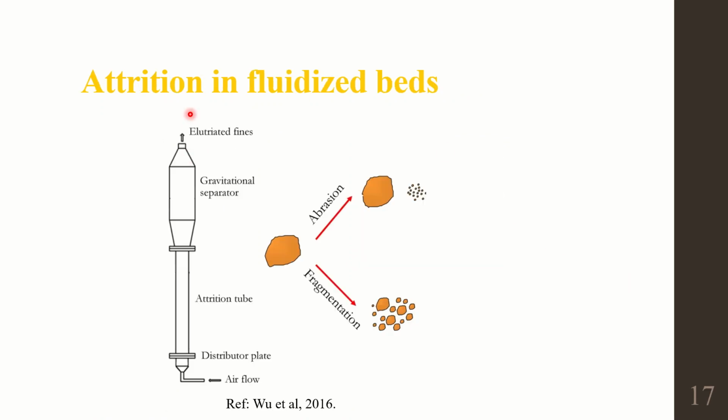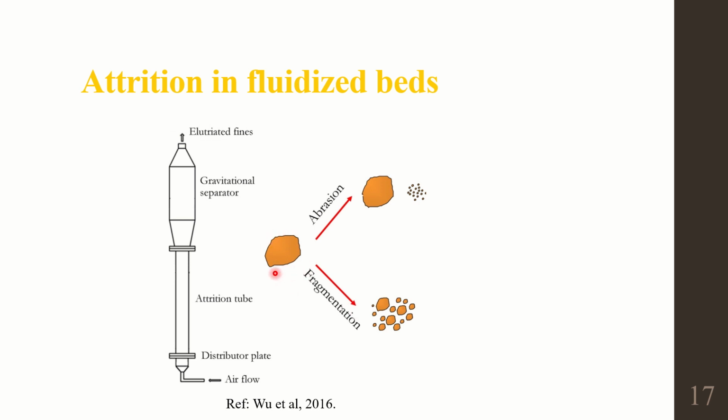Next is the attrition in fluidized beds. When particles are moving against each other, there would be a lot of friction between them. So it becomes necessary that we understand what is happening inside the bed, because if the larger particles are getting eroded, they would be reduced in size, and those finer particles would be lost during the process. Attrition in fluidized beds can be observed in two ways: abrasion or fragmentation.